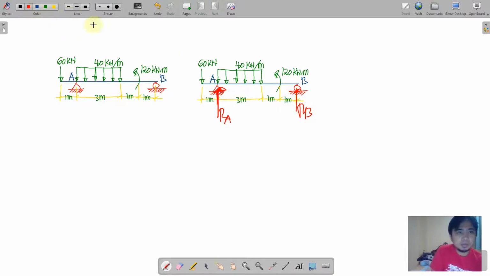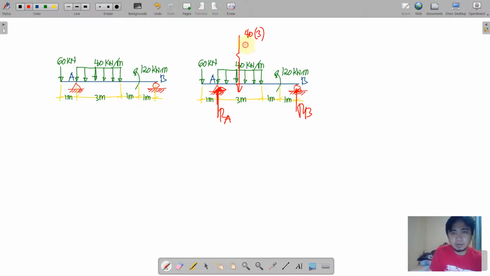So if we have distributed loads, we can just resolve that into its resultant. So the resultant of that is located at the center of this rectangular uniformly distributed load. So 40 times 3. So it is just simply multiplying the height 40 times the base, that is 3.